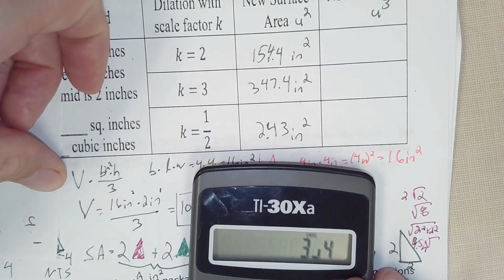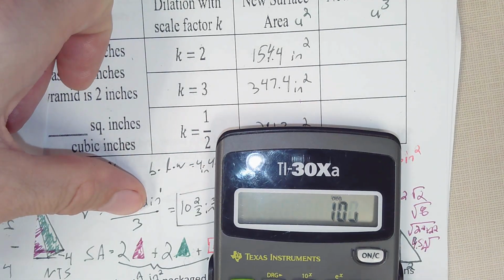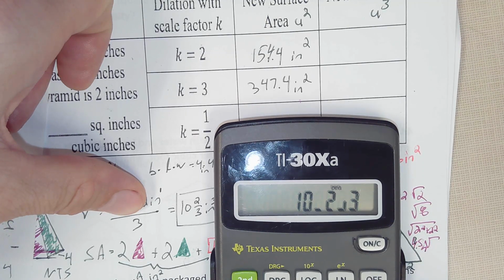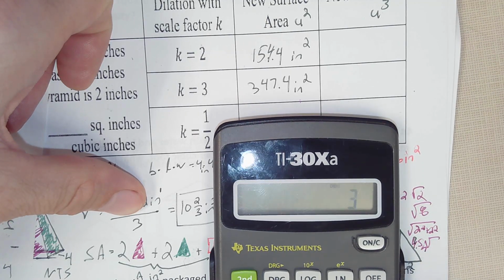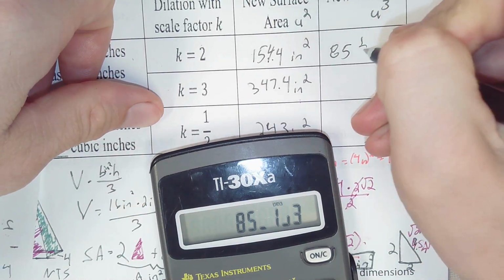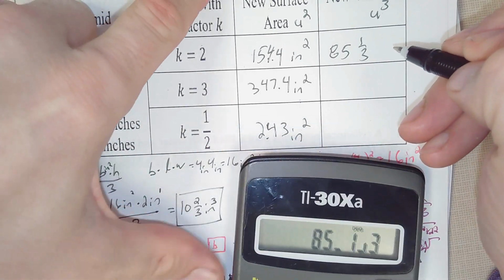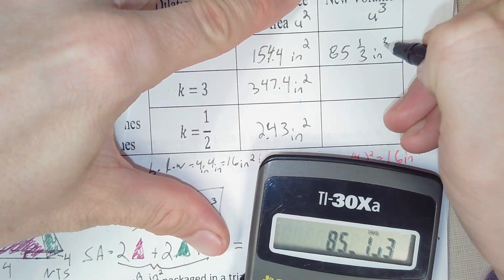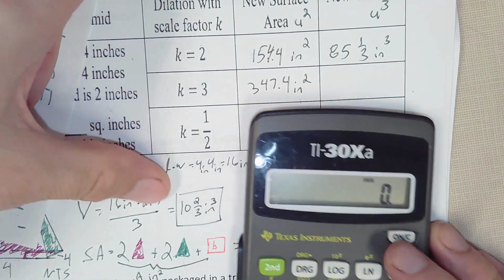Wait a minute, that doesn't seem right. 10 and 2/3 times 2 to the third equals, that's right, 85 1/3 inches cubed.